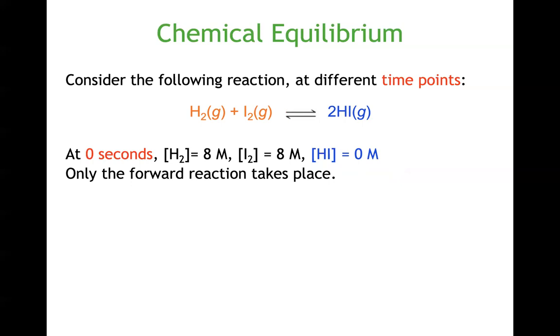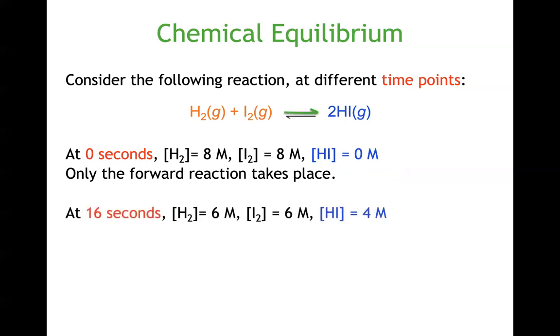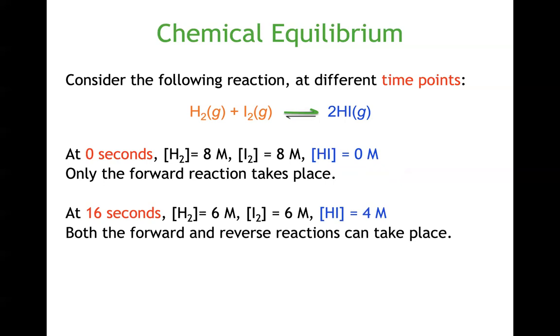Okay. However, as time passes by, the reactants will now begin to be converted into products. And initially, the rate of the reaction is also going to favor the formation of the product. Okay. But both reactions are taking place.